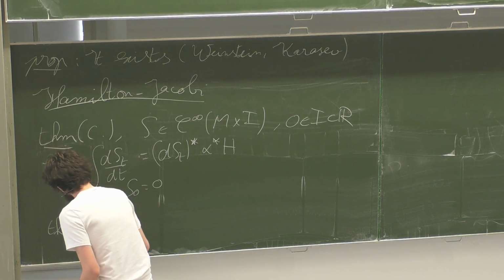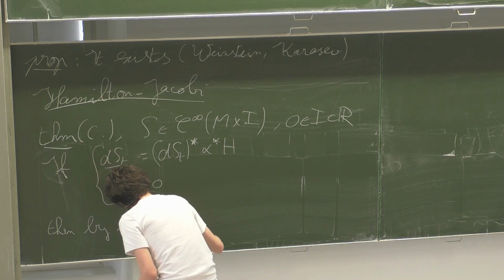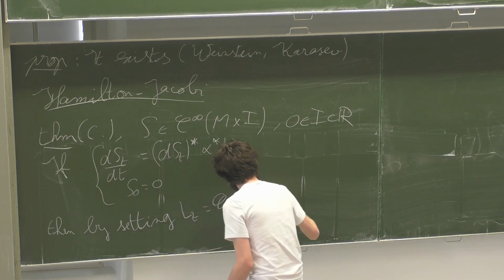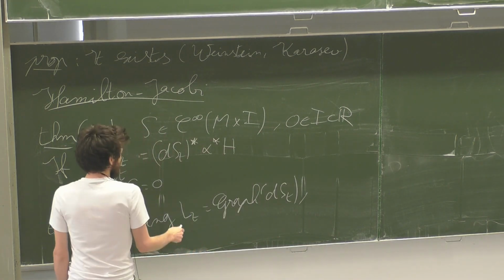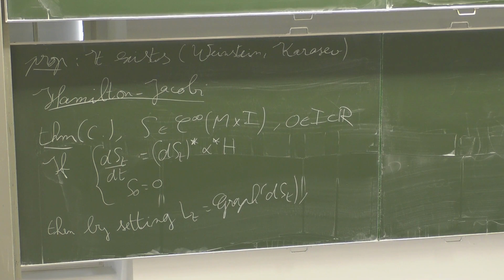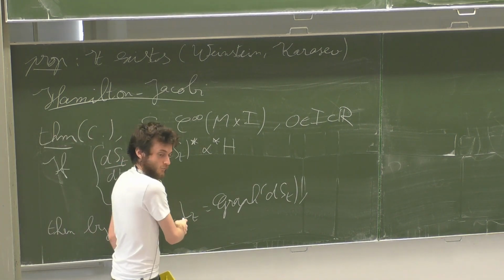So then by setting LT, you can prove that for small t, since alpha has transverse fibers to the zero section, you can invert alpha if you restrict it to LT.